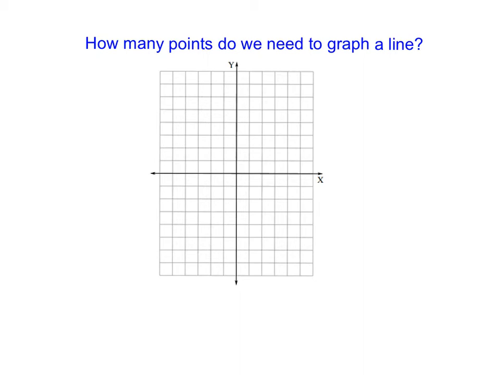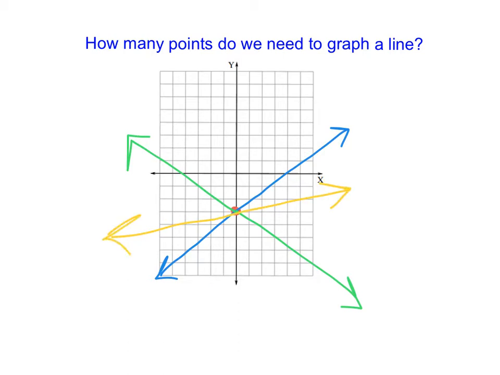Realistically, let's just try it out and see how many points we need at a minimum to draw a line. If I plot 1 point, say I have a line that goes through this point, I could draw this line in blue, this line in green, this line in yellow.